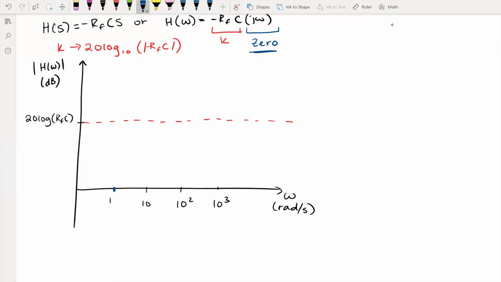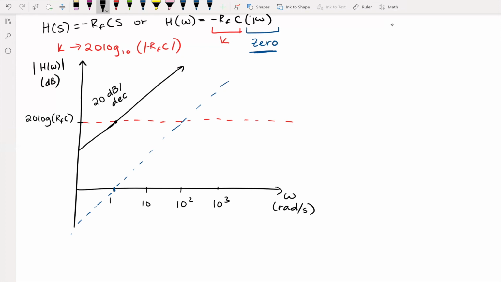Here's the intercept at 1, and where it intersects here, it goes up 20 decibels per decade.